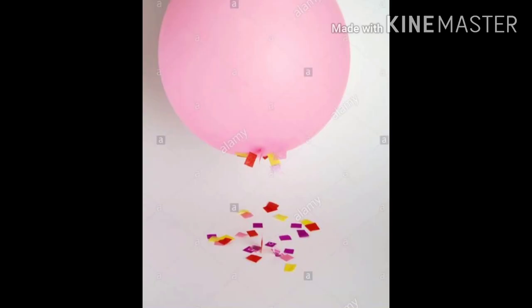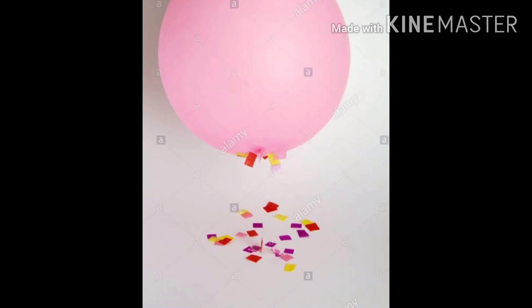Next, non-contact force. Second one, electrostatic force. Let's go to activity 3. Observing electrostatic forces. Take a balloon, inflate it and tie up the open end. Now cut a paper into small pieces and place them on the floor.